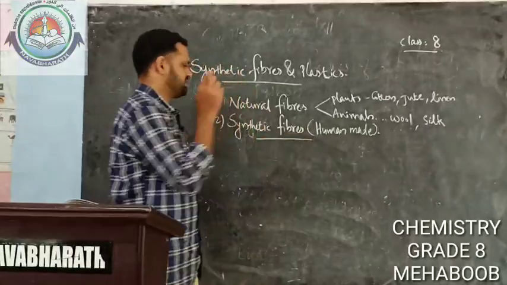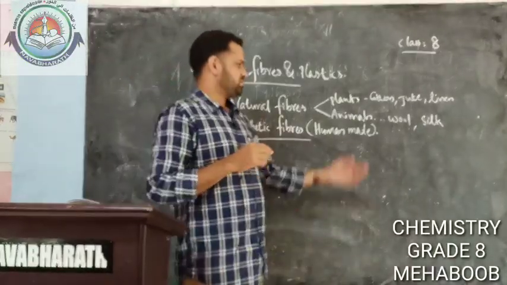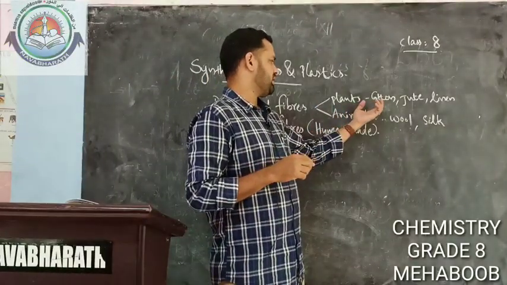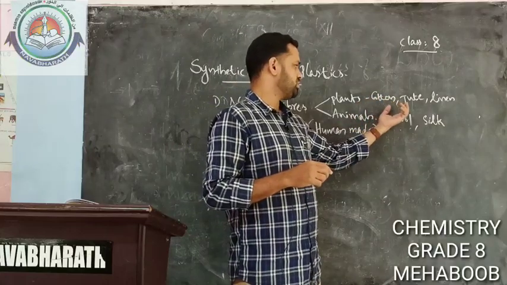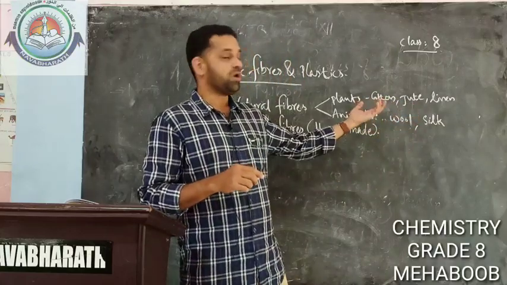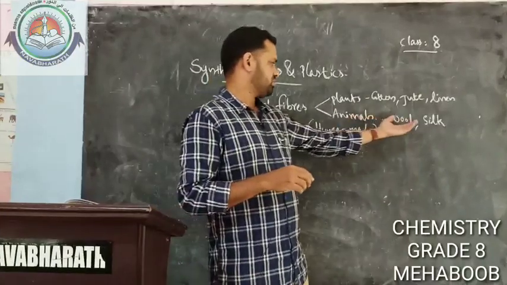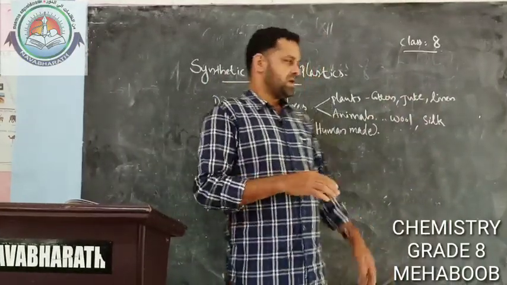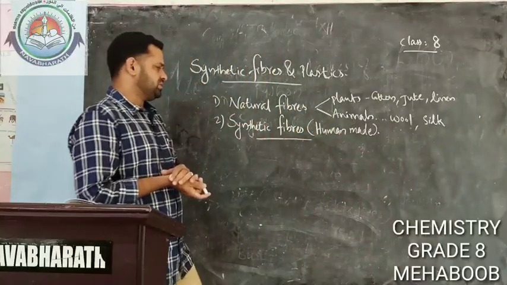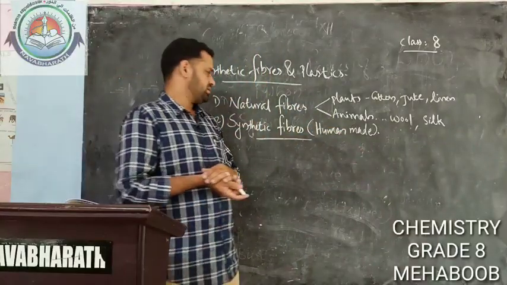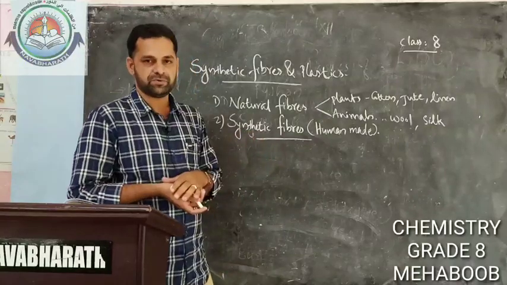Then next one is synthetic fibers. So what is a synthetic fiber? We have already studied how jute is cultivated, how cotton is cultivated, in your lower classes. You have studied that, and also silk, etc. Now in this chapter we are dealing more with synthetic fibers.